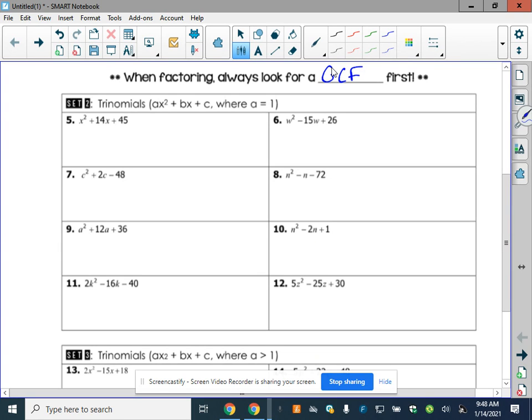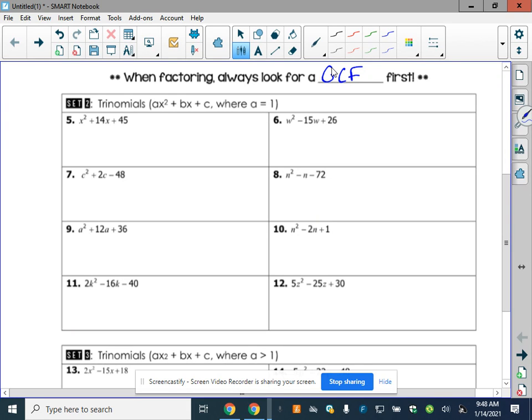All right, you've done this before in Algebra 1, so this should be review. So if I look at number 5, x squared plus 14x plus 45, you notice that's a trinomial because there's 3 terms. The number at the beginning is called the leading coefficient, and the leading coefficient on 5 through 10 is all 1.